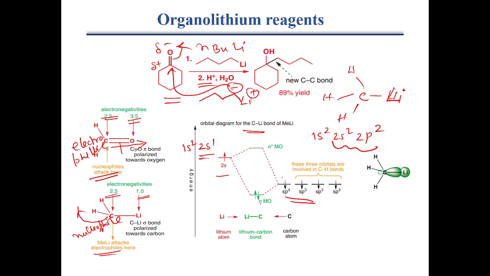They form one sigma bonding orbital and one antibonding orbital. The three sp3 orbitals react with three hydrogens, and the carbon's remaining electron and the lithium electron form a sigma bond, the bonding orbital, and one antibonding orbital. This is the molecular orbital diagram of carbon and lithium, and that's why they form a bond.